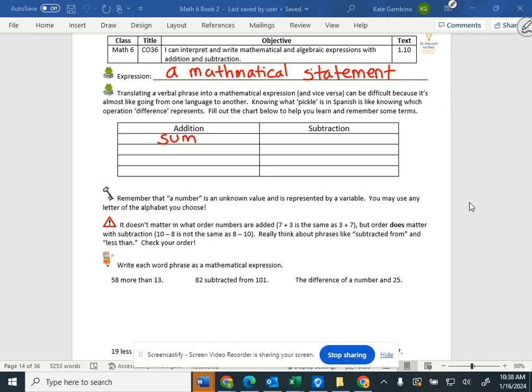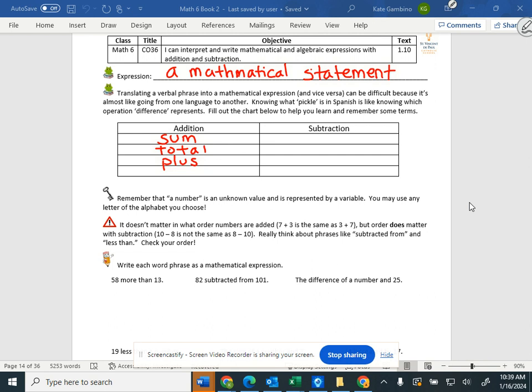Any other word that anybody knows? If it asks you for the total, we know we need to add them together. And if it says plus, we know we are adding. Those are keywords that we need to listen for, so we know that we need to add.